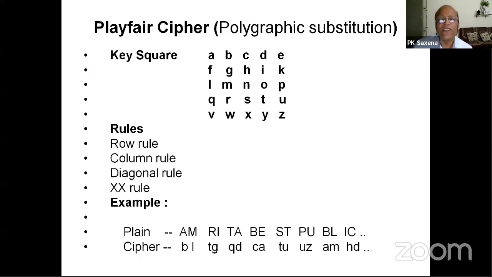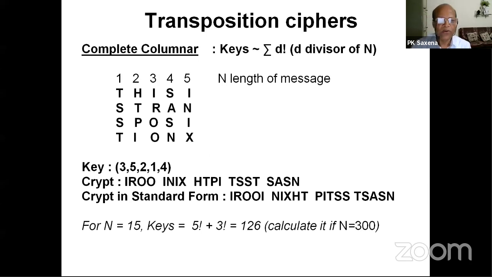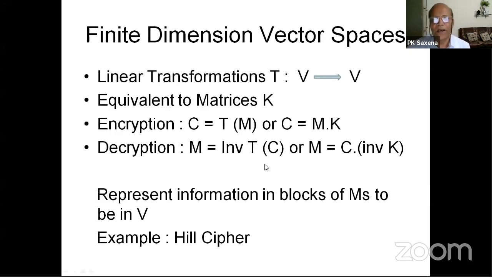So there were several such methods where digraphs and trigraphs were substituted, and these systems were used up to the 60s or so, till the modern systems came in. There was another mathematical concept used in encryption, which is based on vector spaces.